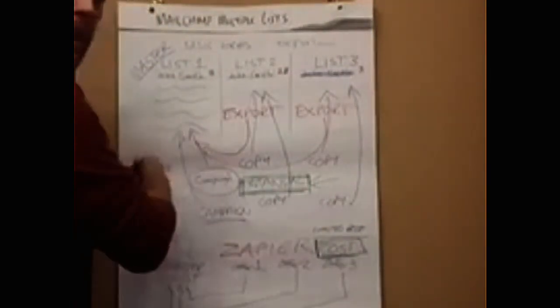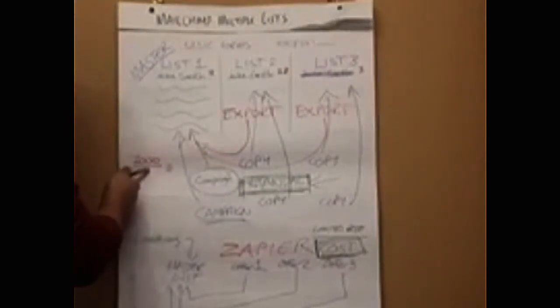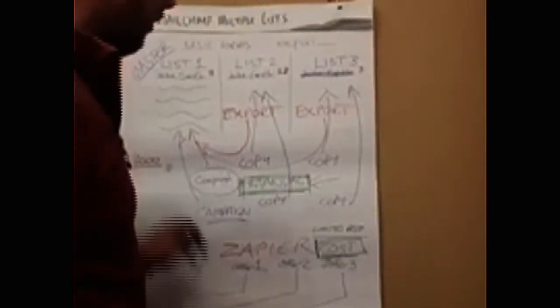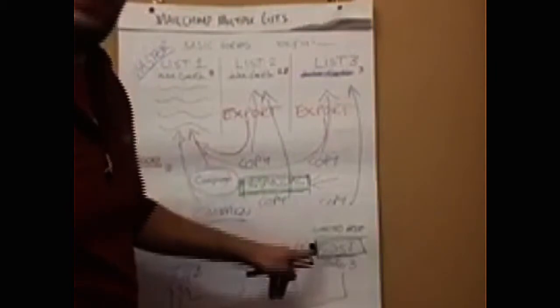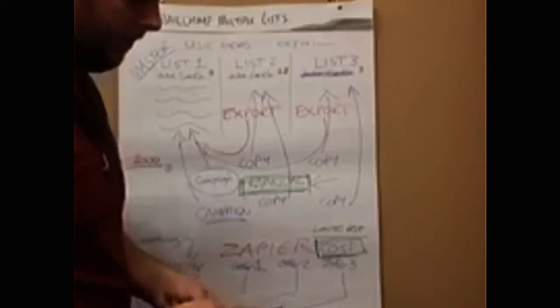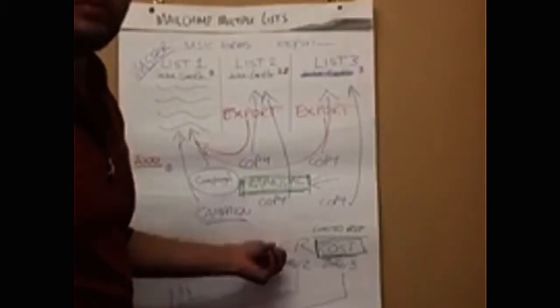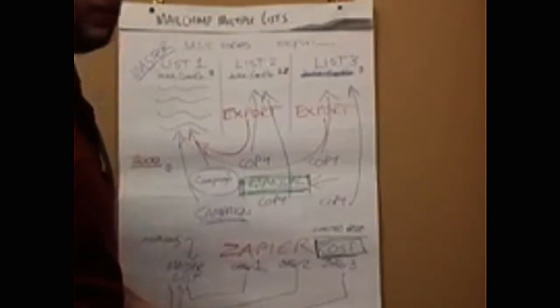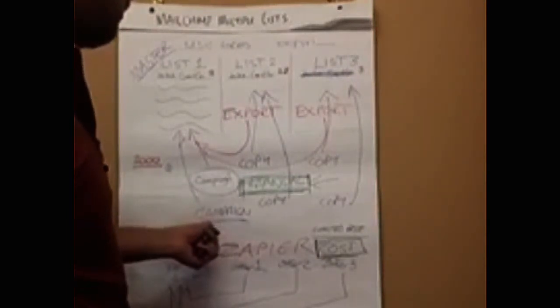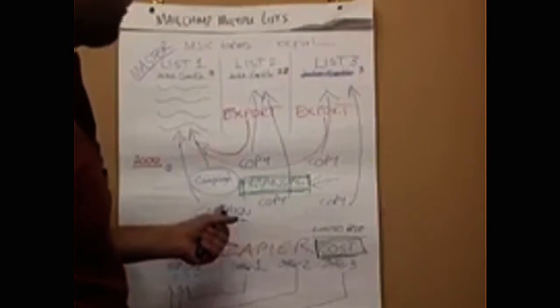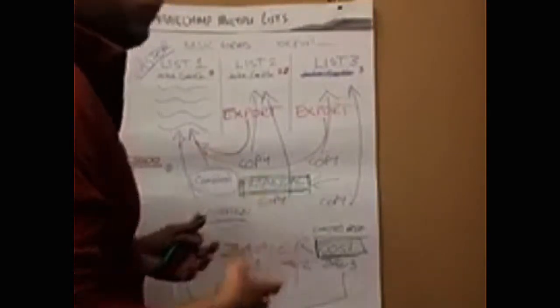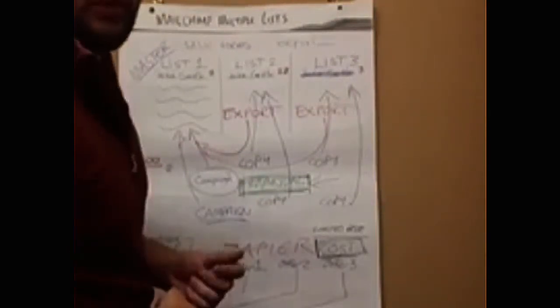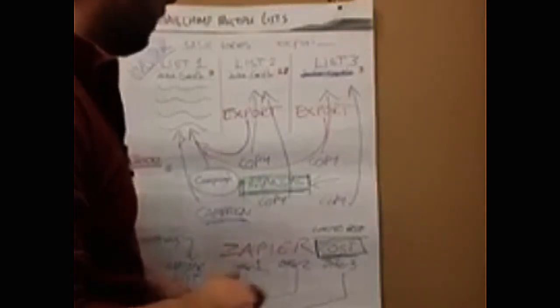Now, if you are paying for Mailchimp because you've got over the 2,000 subscribers, then you're not only paying for Mailchimp, but you're now paying for Zapier as well. And also you're learning another platform and how to set it up. So they are all multiple reasons why you shouldn't use multiple lists in Mailchimp.